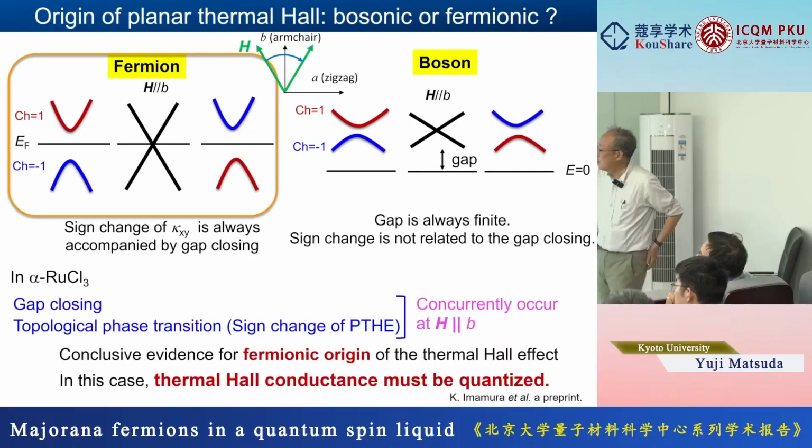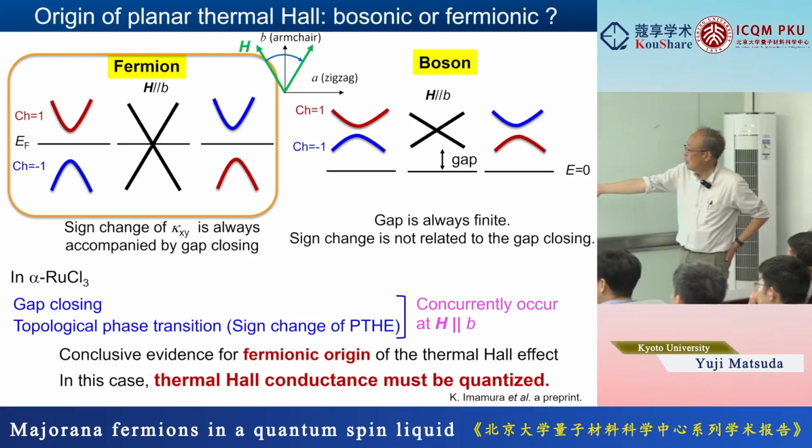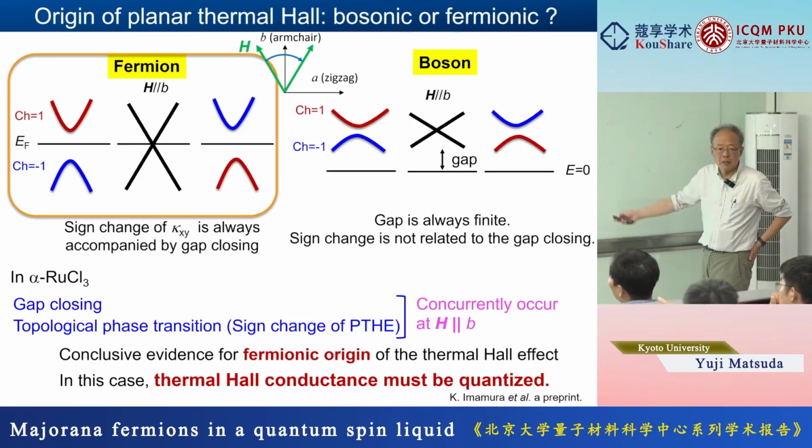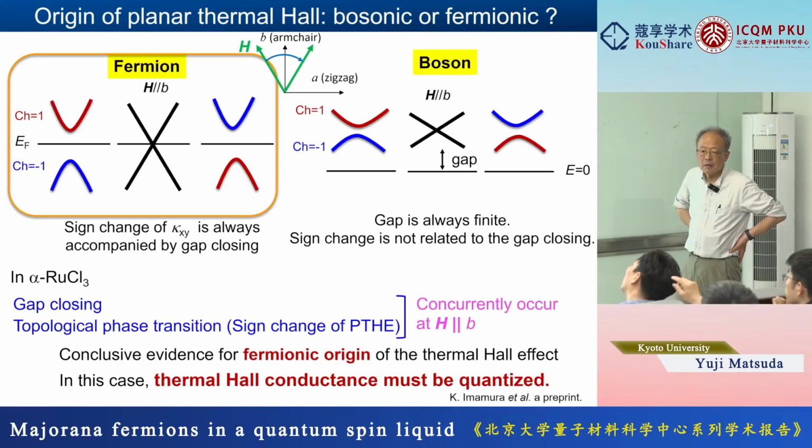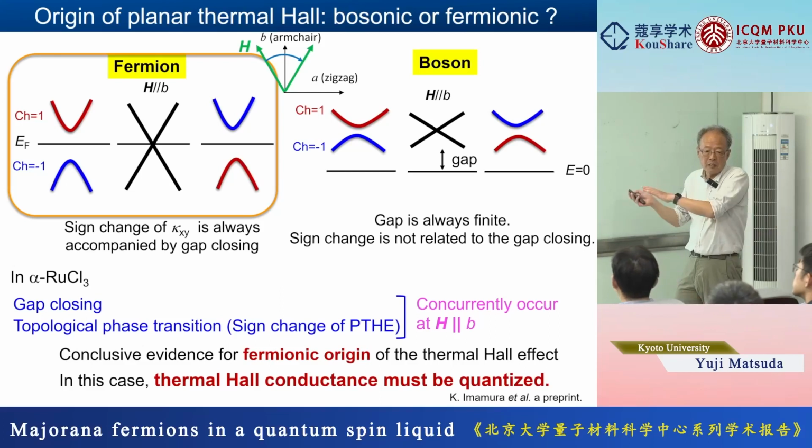Yeah. So okay, my question is: sign change is gap closing, right? This gap is open at a finite energy, not at zero energy. That's true, I agree with this picture. But at finite temperature, the bulk is populated with magnons. Yeah, but that magnon has a gap.